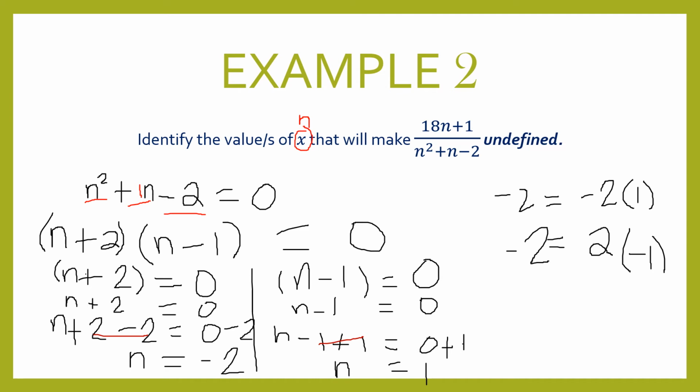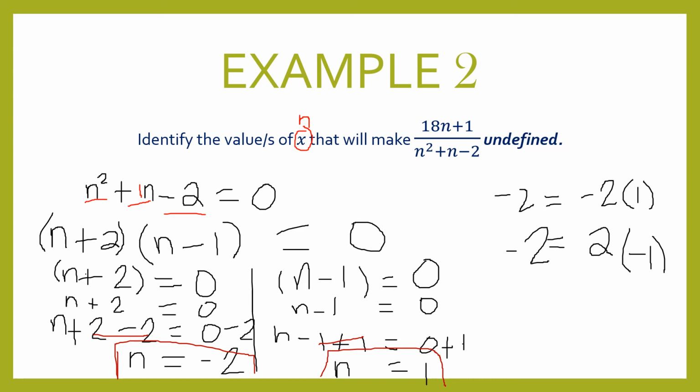Yung denominator. So, the values of n to make the denominator be equal to 0 or be undefined are -2 and +1. So, yun po yung ating sagot. So, n is -2 and n is equal to 1.